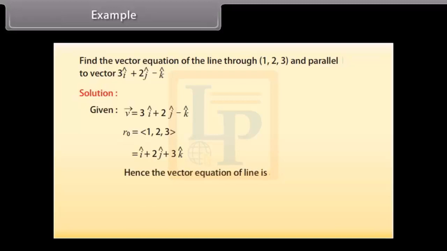Hence the vector equation of line is r equals cap i plus 2 cap j plus 3 cap k plus t times (3 cap i plus 2 cap j minus cap k), which equals (1 plus 3t) cap i plus (2 plus 2t) cap j plus (3 minus t) cap k.